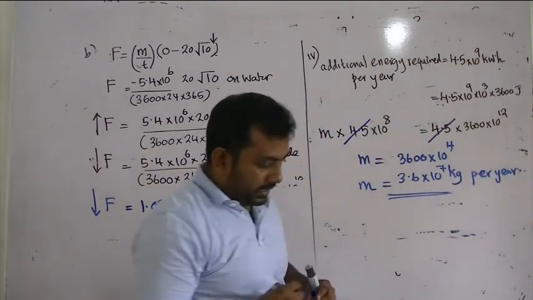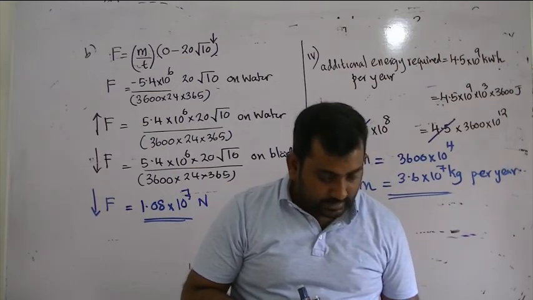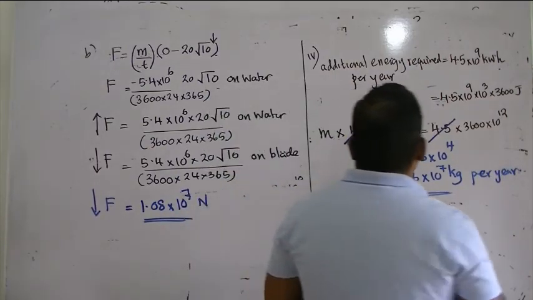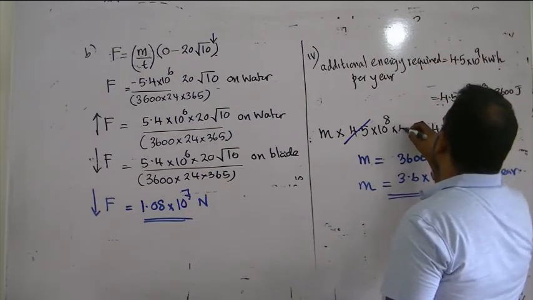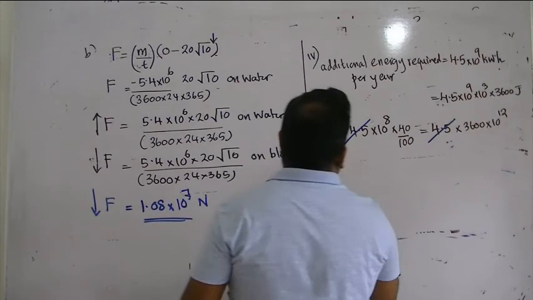Per year we need about 3.6 times 10 to the power 7, but remember, be careful. Here the efficiency is 40%. You forgot that.